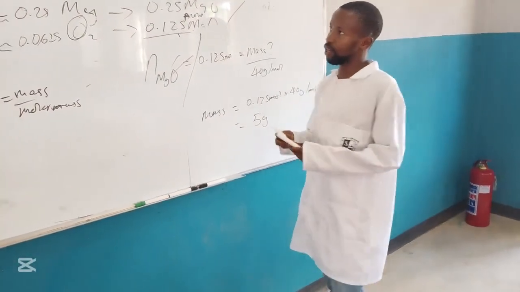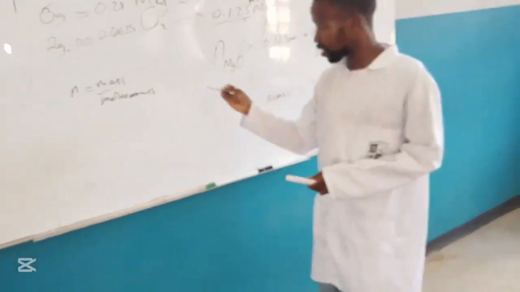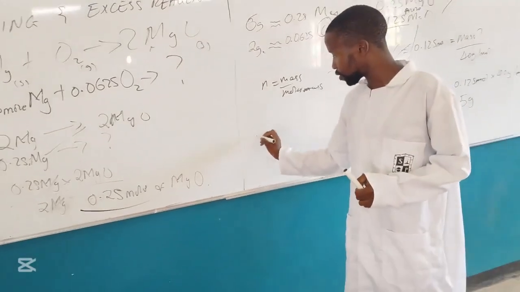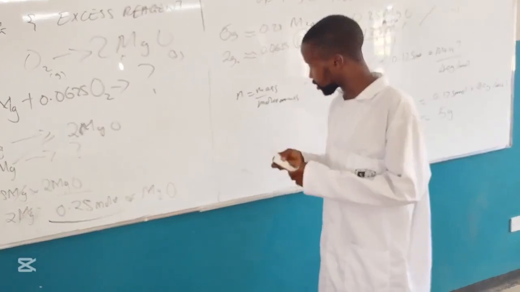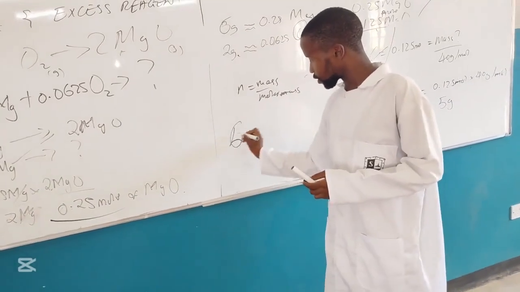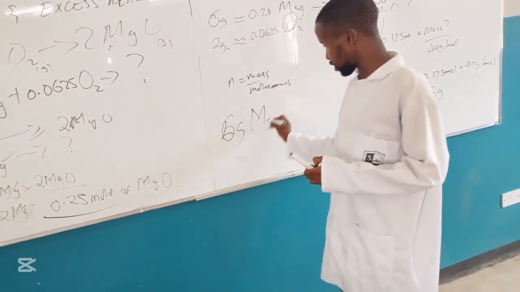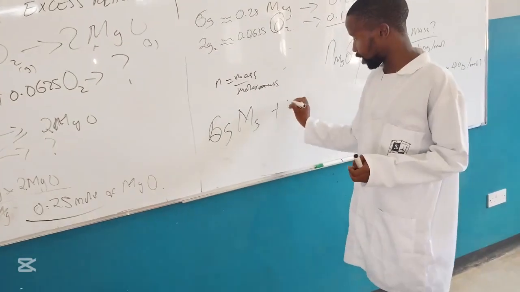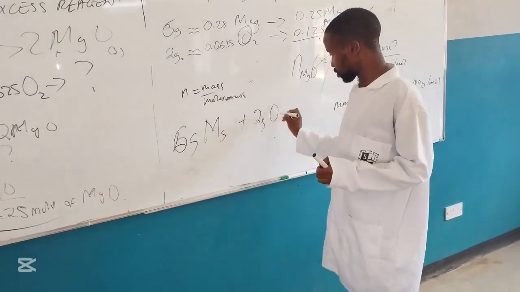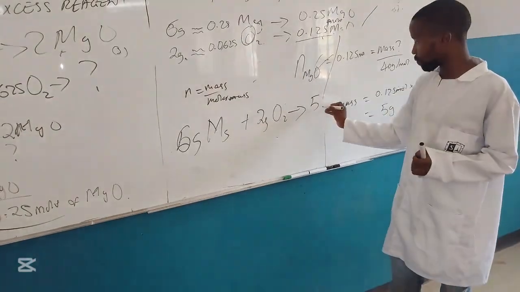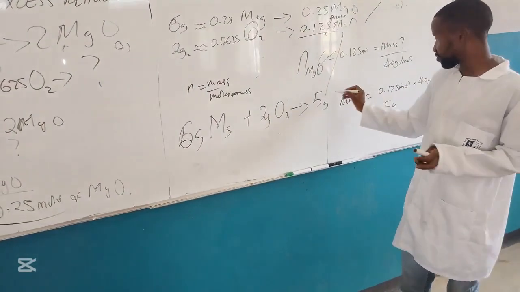So just to summarize, when 6 grams of Mg reacts with 2 grams of oxygen, we're going to produce 5 grams of MgO.